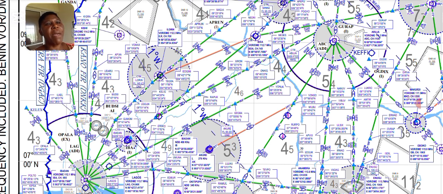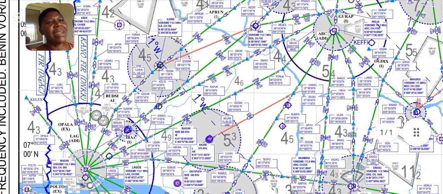Then airport B will hand them over to airport C, which could be their final destination.